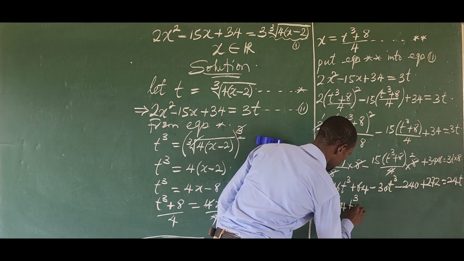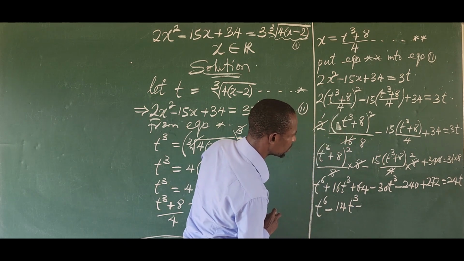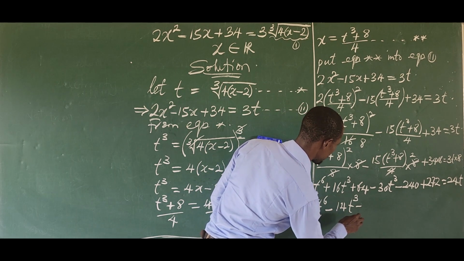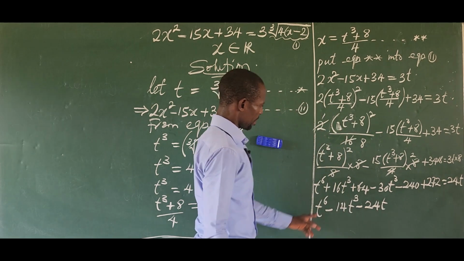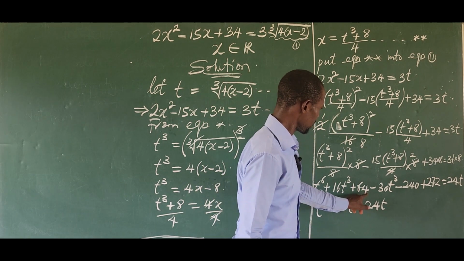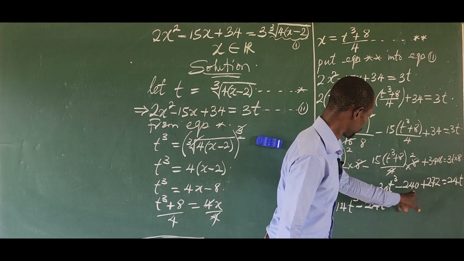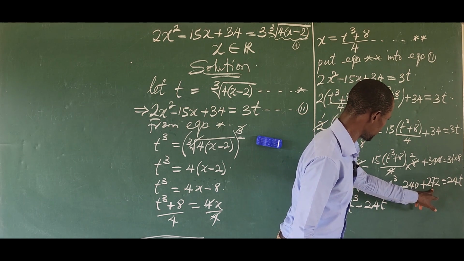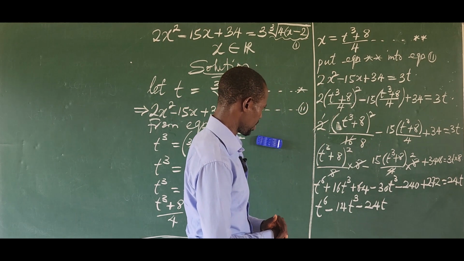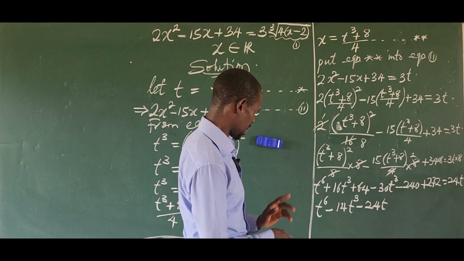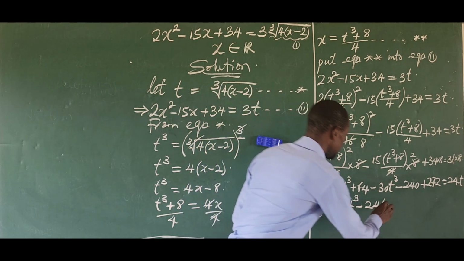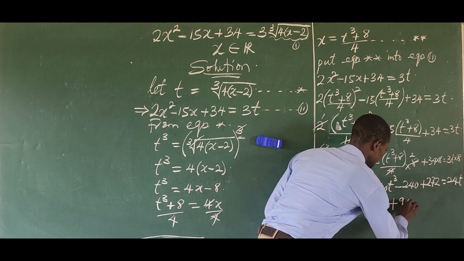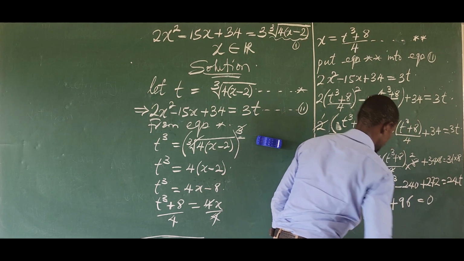So this is going to give us minus 24t. All right. Then 6 plus 64 minus 240 plus 272 will give us plus 96. So we have here plus 96 equal to 0.